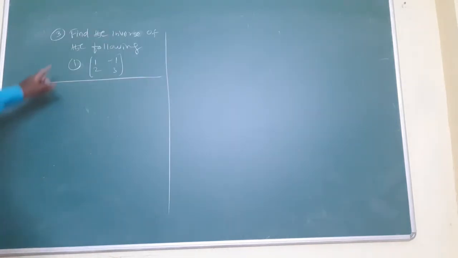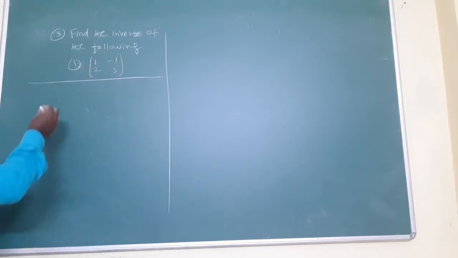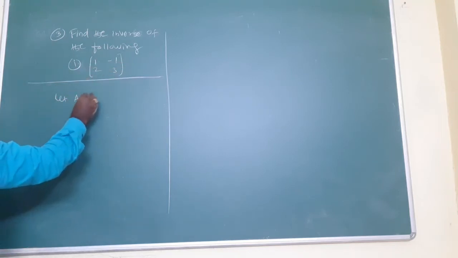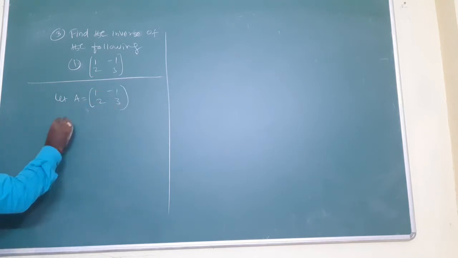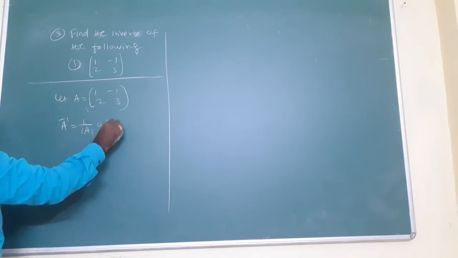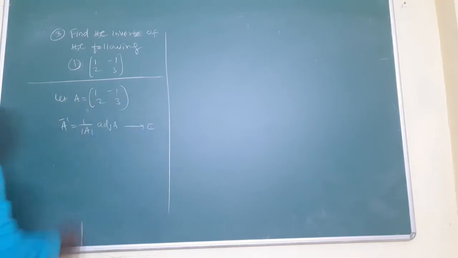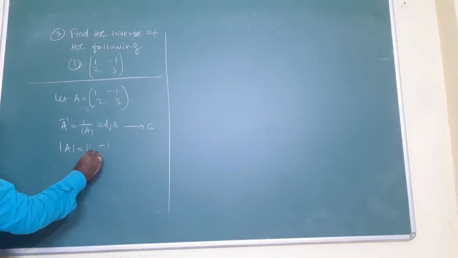Now the third one, find the inverse of the following. The first one is 1 minus 1 2 3. Let A equal 1 minus 1 2 3. The inverse is asked, so write the formula. Now, the formula involves denominator of A. Denominator of A means 1 minus 1 2 3.